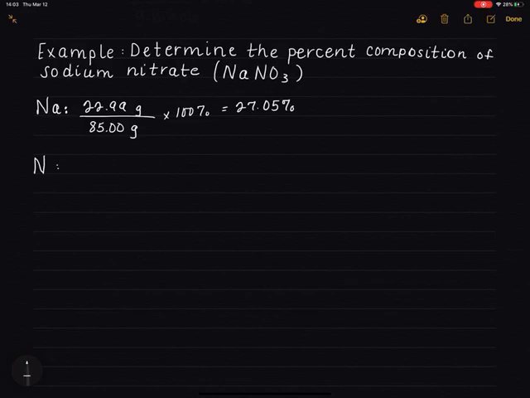Mass of our sodium nitrate is going to be consistent. We should get 16.48%.